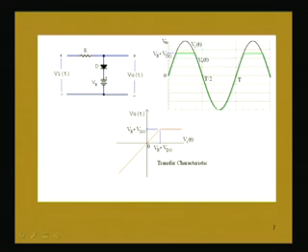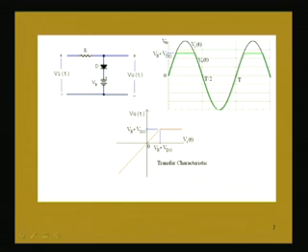So, output and input voltage will have a linear relationship with slope 1, as shown here, on this straight line passing through the origin.